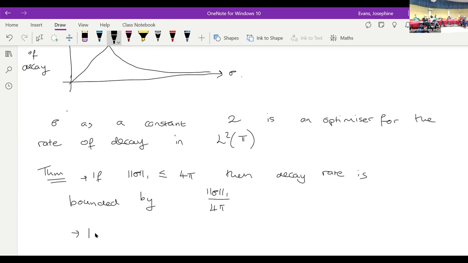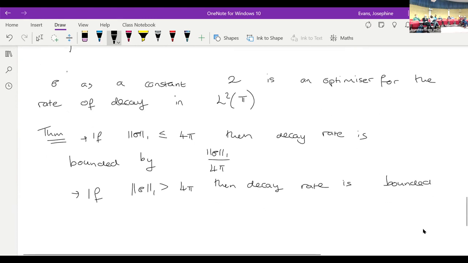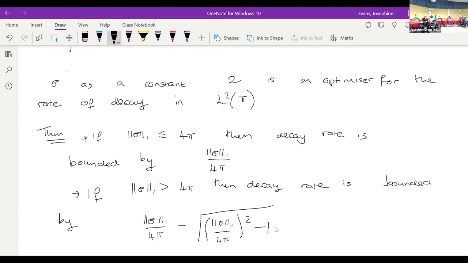And if the L1 norm of sigma is bigger than 4 pi, then the decay rate is bounded by the L1 norm of sigma over 4 pi minus the square root of the L1 norm of sigma over 4 pi squared minus 1.